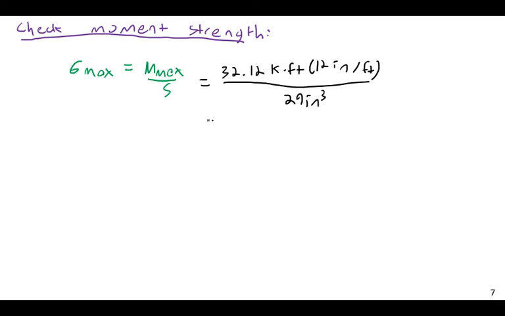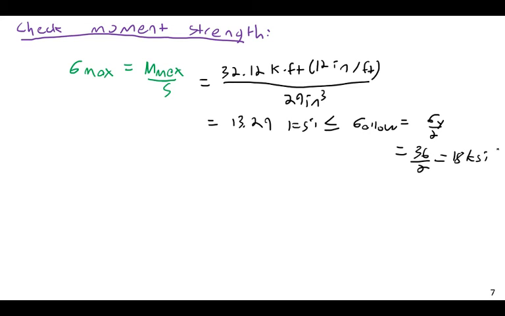And so this equals 13.29 KSI, which must be less than or equal to sigma allow, which equals sigma y over 2, that's our factor of safety, which is 36 over 2, or 18 KSI. So we are good.